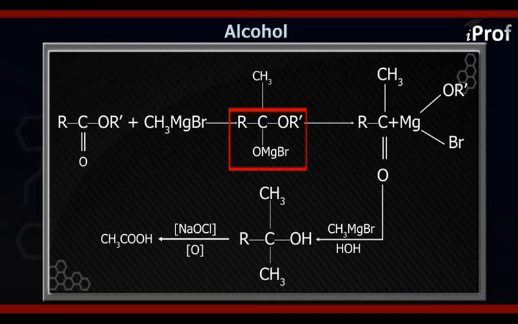First of all, you need to form this alcohol as a 2-degree alcohol. Now if you want to convert this alcohol into a 2-degree alcohol, what you should think about is that in this alcohol, the two CH3 groups are basically coming from the Grignard reagent.